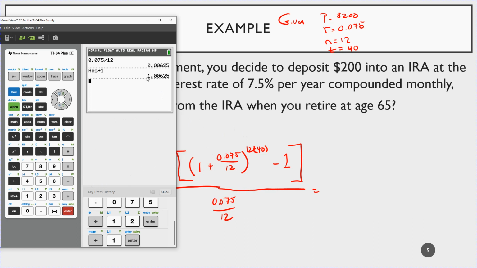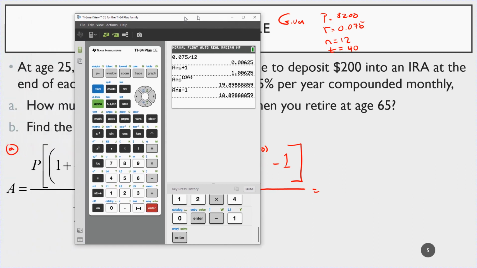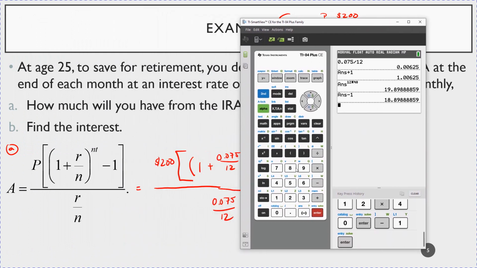And now I have to raise this number to the 12 times 40th power, to get this number. Then I'm going to subtract 1. And now look, I'm going to multiply it by 200.